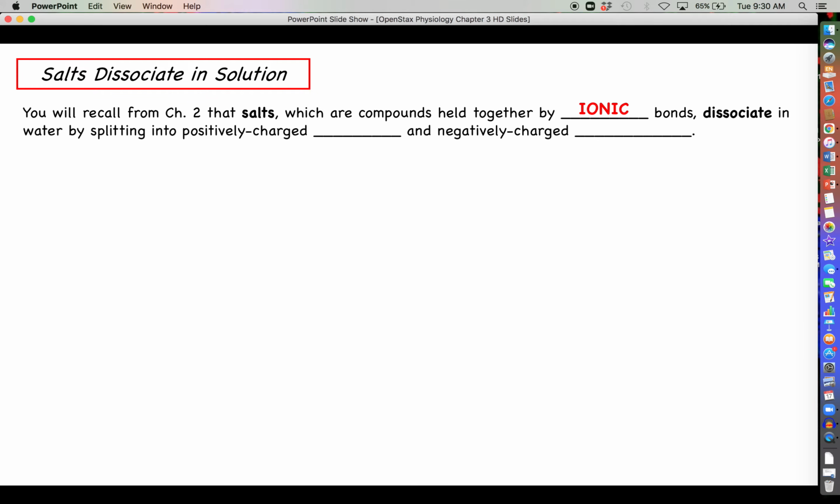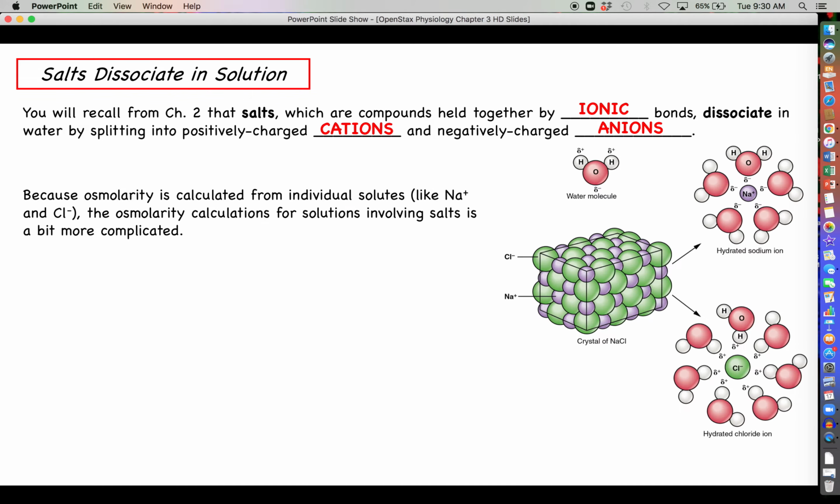Water's ability to form hydrogen bonds will split that salt up into positively charged cations and negatively charged anions. Remember, we said that if you put table salt into solution, you're not going to actually have any intact sodium chloride anymore. It's all just going to be individual sodiums and individual chlorides.